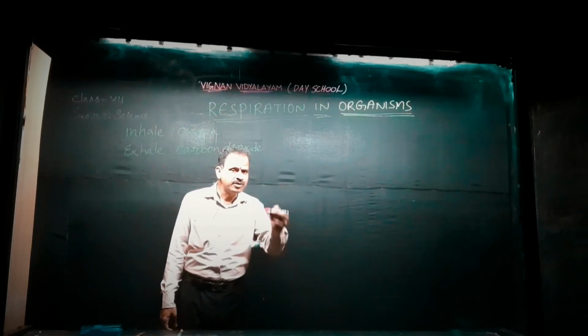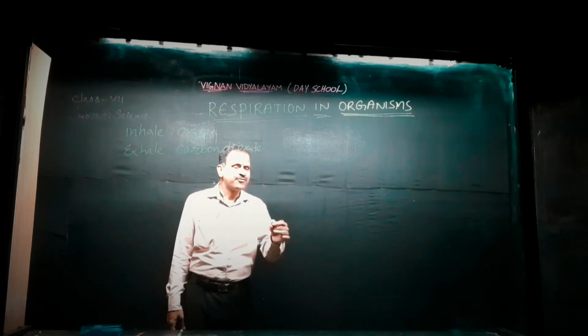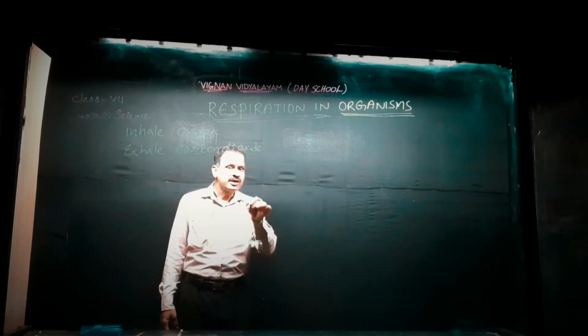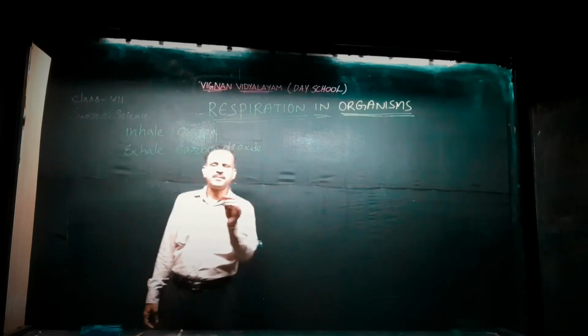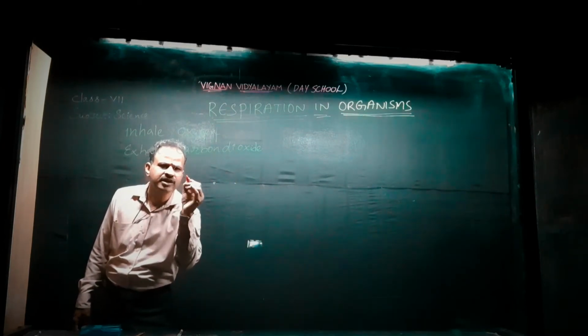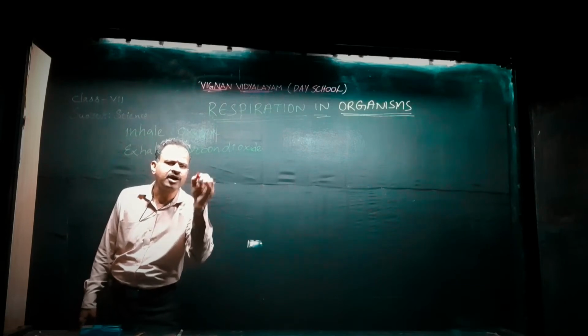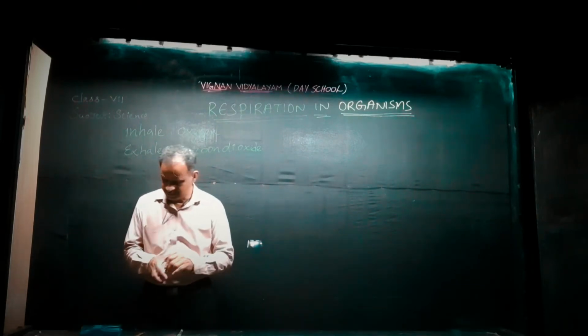Oxygen is absorbed by blood from this air in the respiratory system, and this oxygen is supplied to each and every cell in our body.